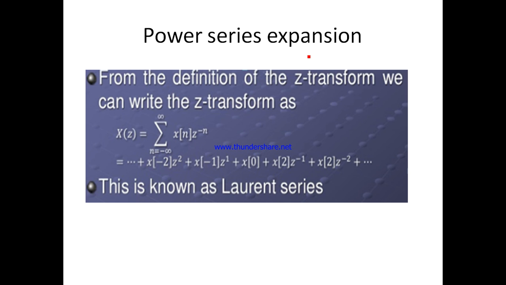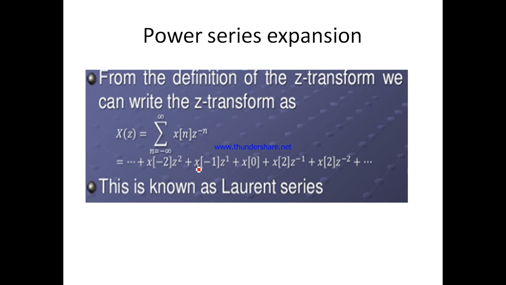Next one, power series expansion method. In the power series expansion method, from the definition of the z transform, we can write the z transform as X of z equal to sigma n equal to minus infinity to infinity x of n into z power minus n. Now we are expanding this function, so we will get the Laurent series.